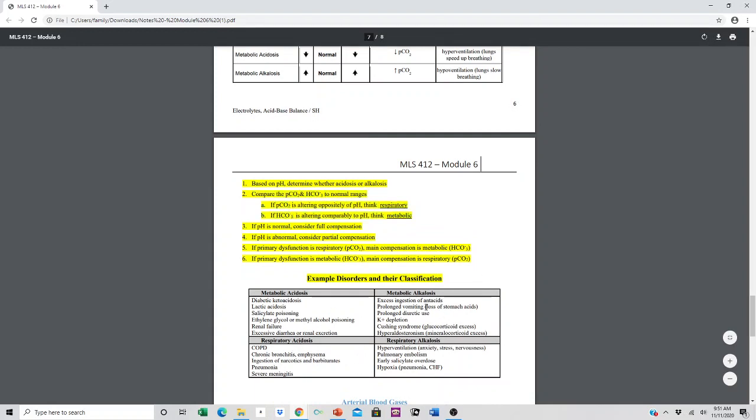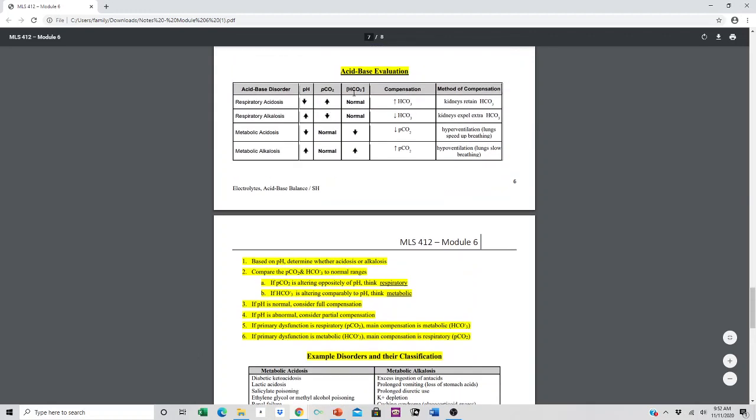So I'll start with pH first so I know if they're alkaline or acidic. And then if the test question tells you the patient has COPD, or if they have Cushing's syndrome, then I'm going to use that to help determine what state they're in. But if the test question does not give you information about their disorder or what's going on with them, if the test question only gives you lab results, then this is a really good way to categorize them.